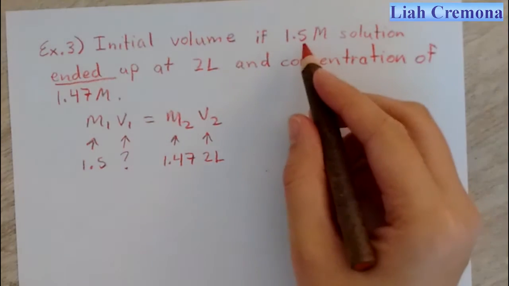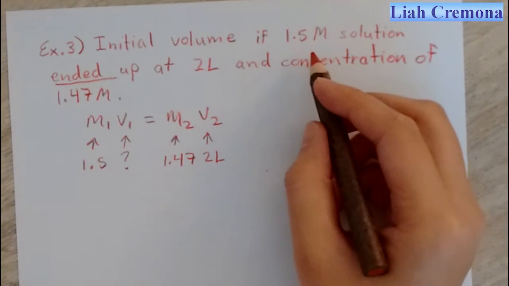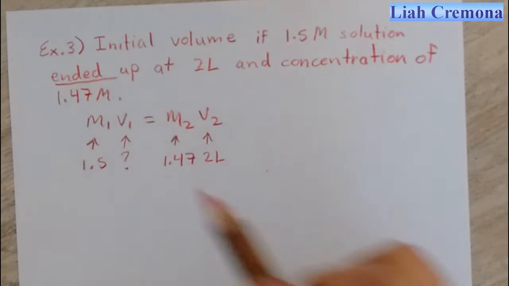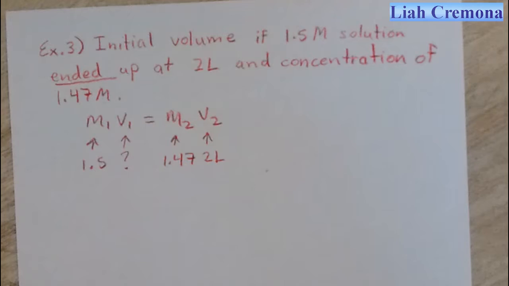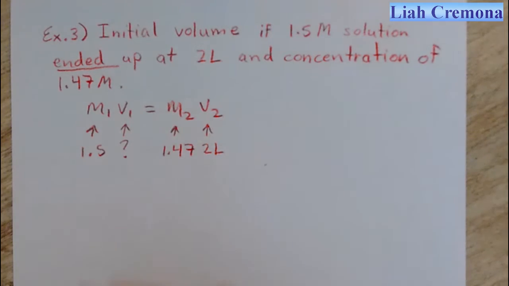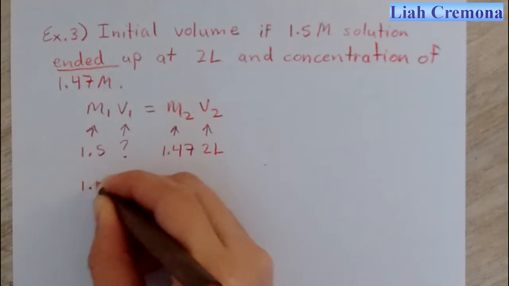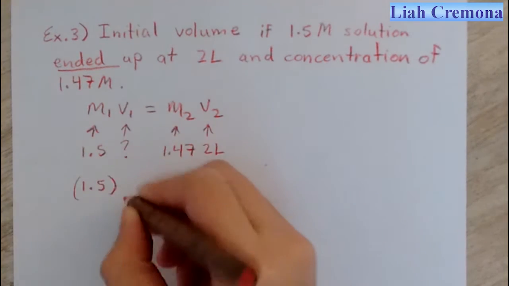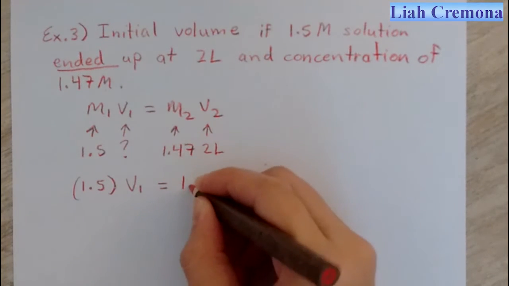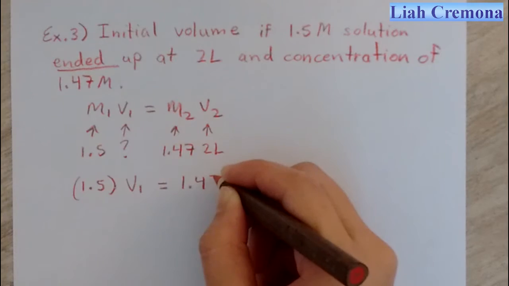So the concentration here went from a larger to a lesser number, which of course would be expected when you dilute a solution. So the equation we end up with is 1.5 times the unknown initial volume equal to 1.47 times 2.